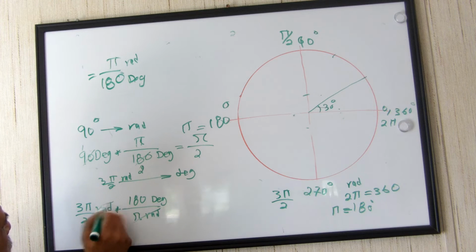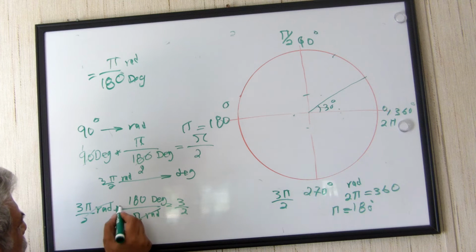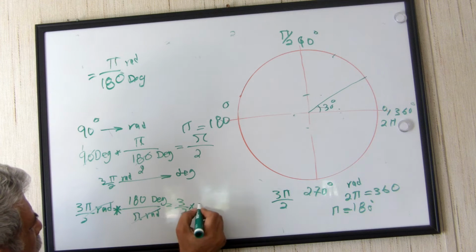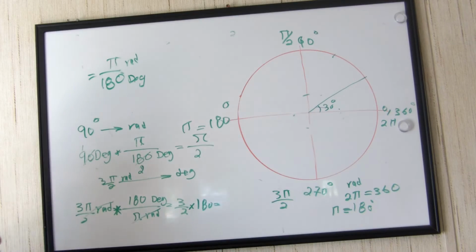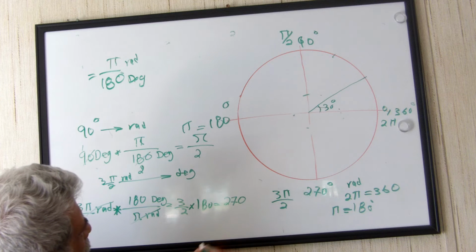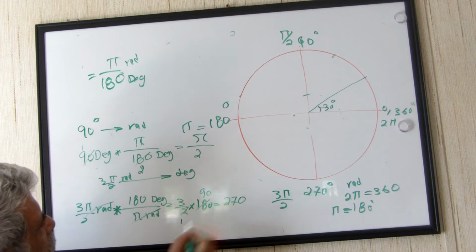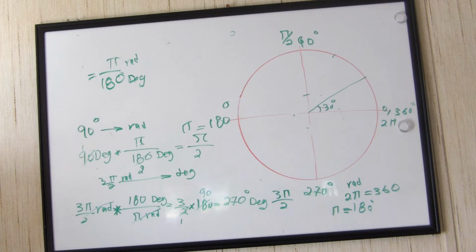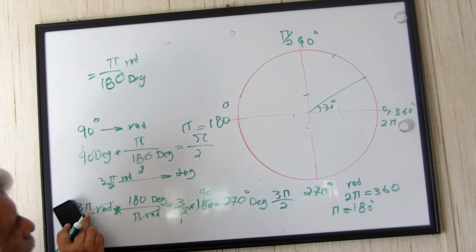This cancels out, and it is multiplication: 3 halves times 180 is equal to 270 degrees. We write the unit: 270 degrees, not 270 apples.